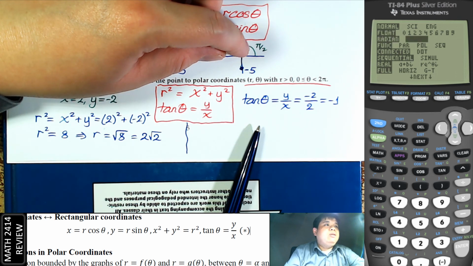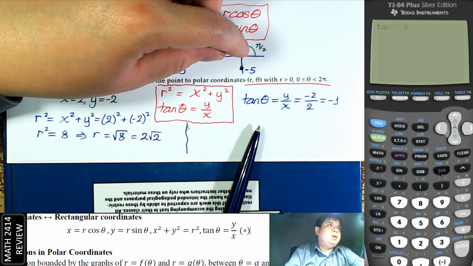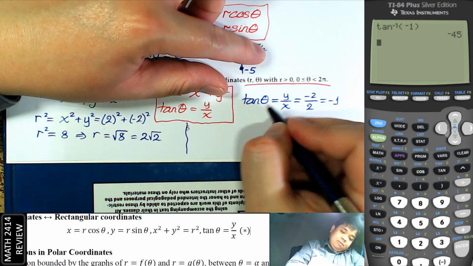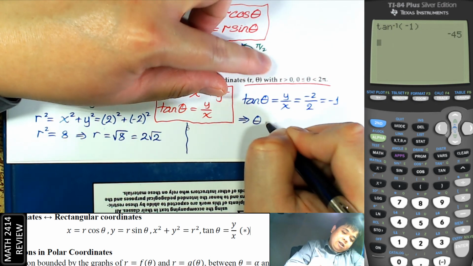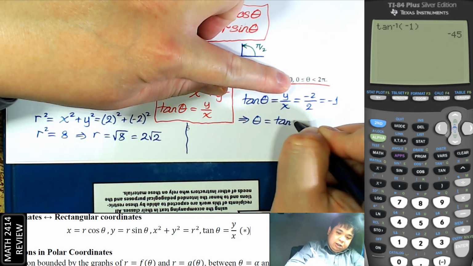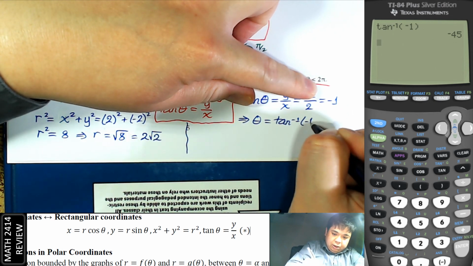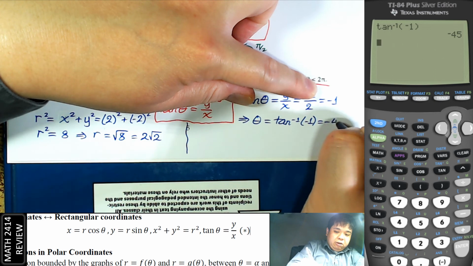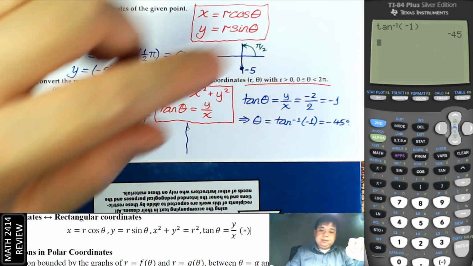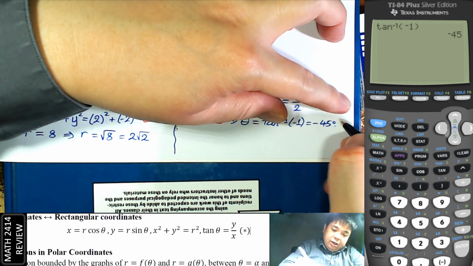Usually when we do inverse, I prefer to keep things in degree mode. So theta, if we write tangent inverse, is -45 degrees, or -pi/4.